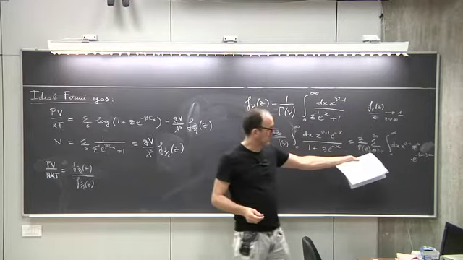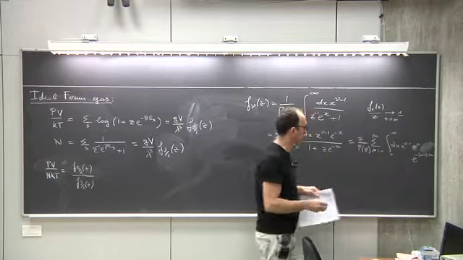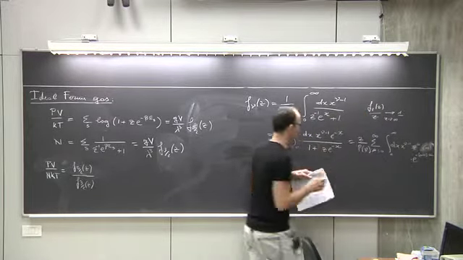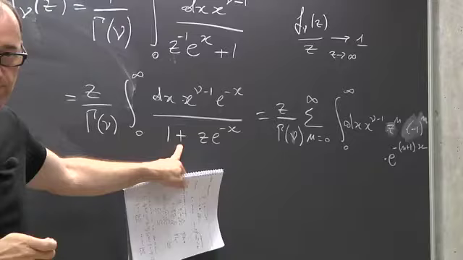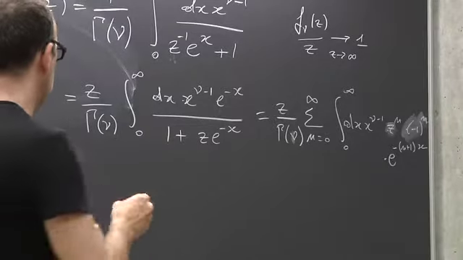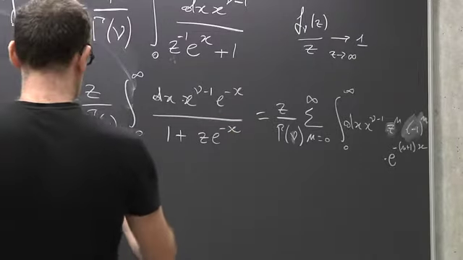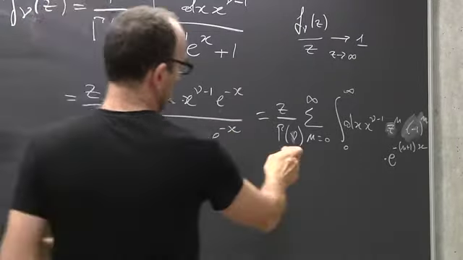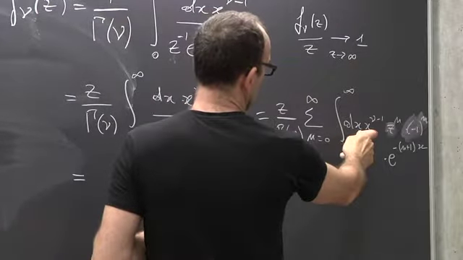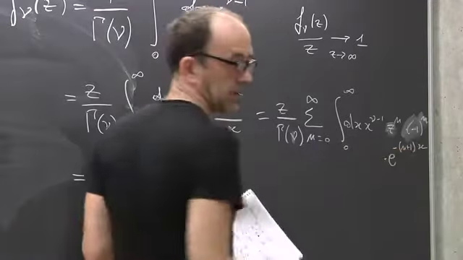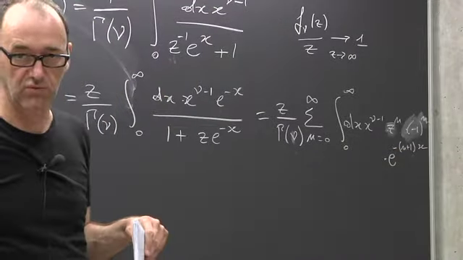And now there is also minus 1 to the n, because there is a plus here. Okay? And then the integrals now can be done, and the result is that the integral is going to give me a gamma of nu divided by n plus 1 to the power nu.